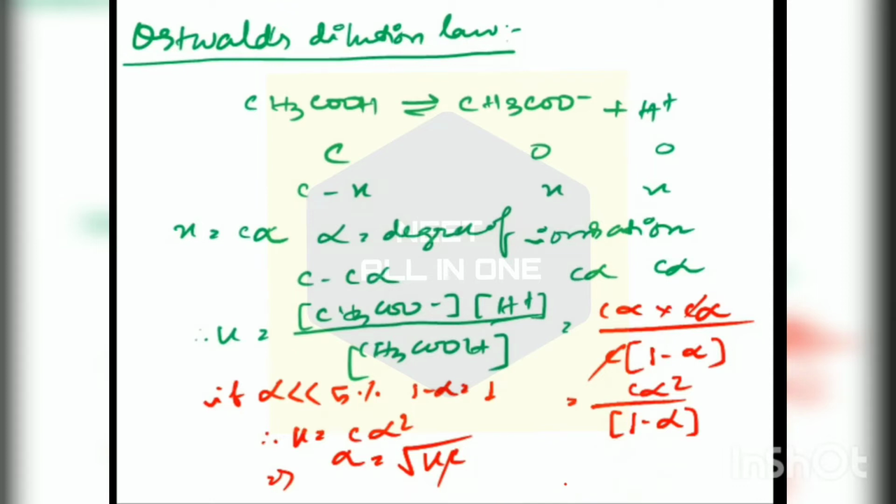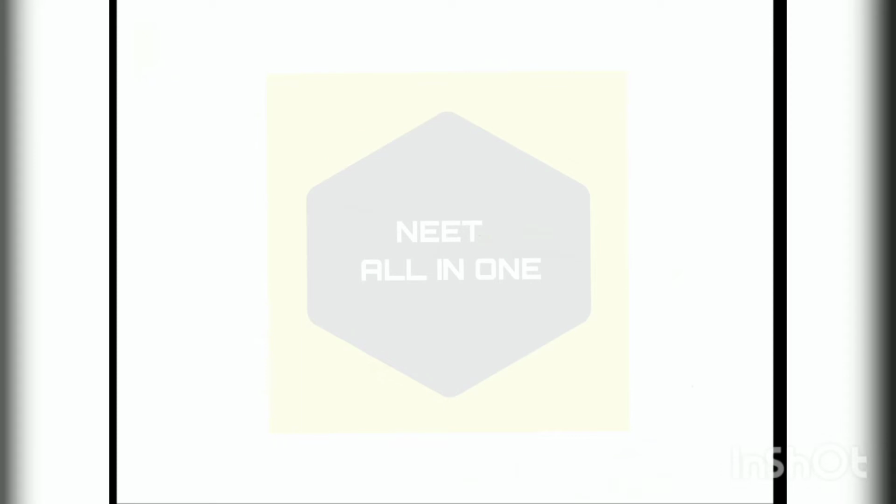Let's write it again. If alpha is multiplied with C, so root over of K by C into C. But if we take it into the root, then it will be C square, right? So it becomes root KC.